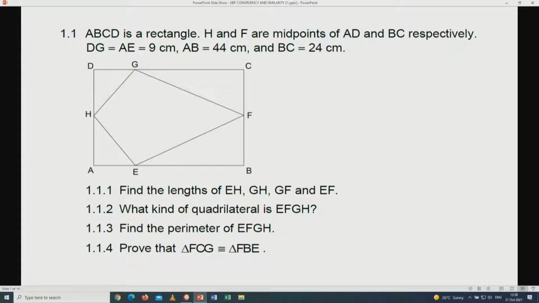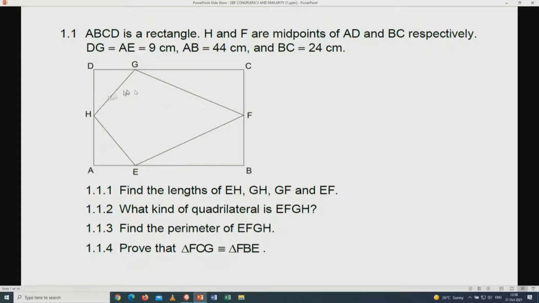Now let's see how they are asked in your questions. Let's see what kind of questions we get after understanding the properties of quadrilaterals. This looks like a kite, but we are not sure whether it's a kite.